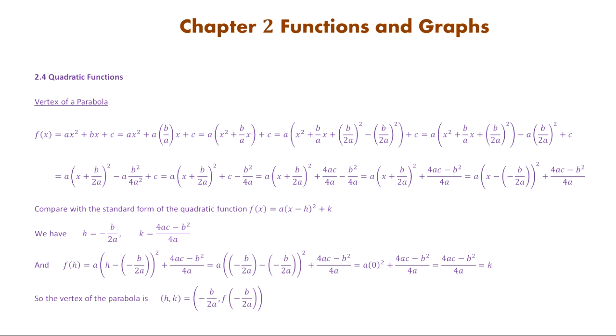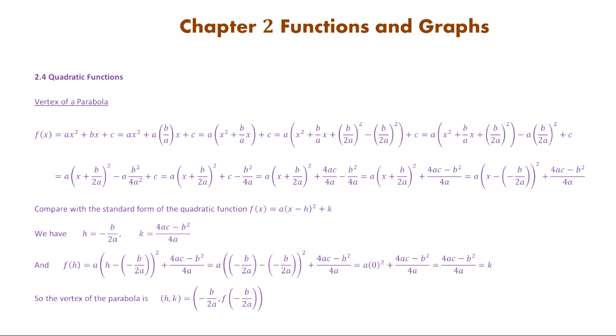Okay. Now let's talk about the vertex of a parabola in general and how we make the perfect square. So this time we're going to deal with more of those symbols instead of numbers, but the way to do it is always the same.